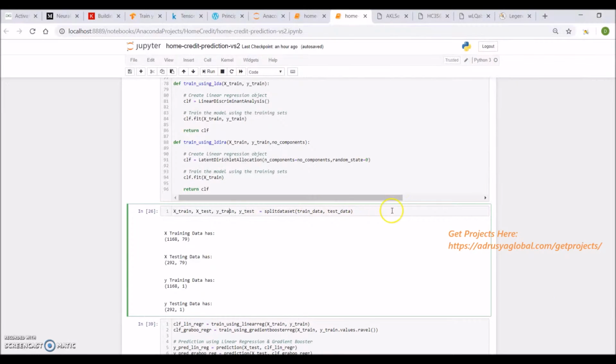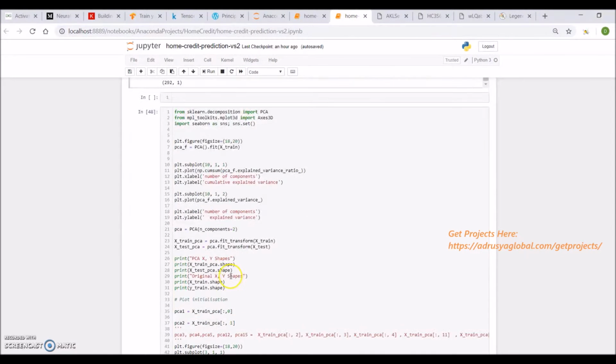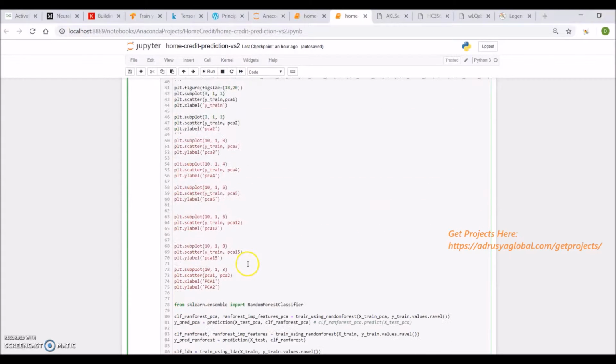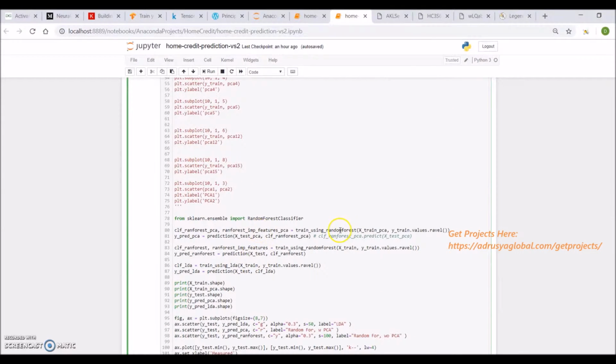Here we are splitting our data into training data and testing data, and these are the shapes of our data. And then we have applied the PCA with 2 components, and we have applied the random forest classifier with PCA and random forest classifier without PCA.